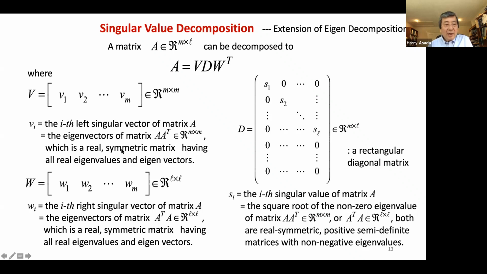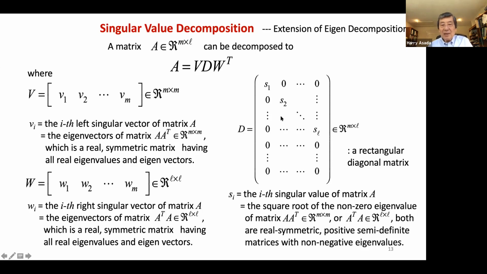The W components are called the right singular vectors of matrix A. These are eigenvectors of matrix A transpose A, which is L by L. Again, this is a symmetric real matrix, having all real eigenvectors. Now, sandwiched between them is the matrix D, a type of diagonal matrix, but depending on the dimensions M and L it takes a different shape.